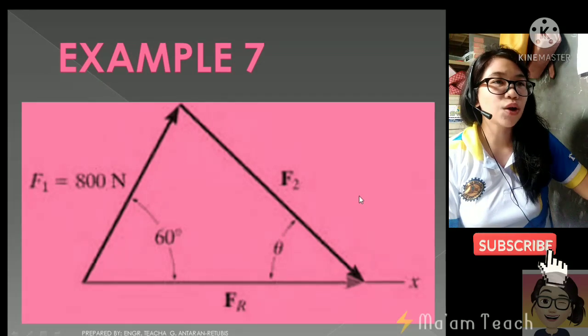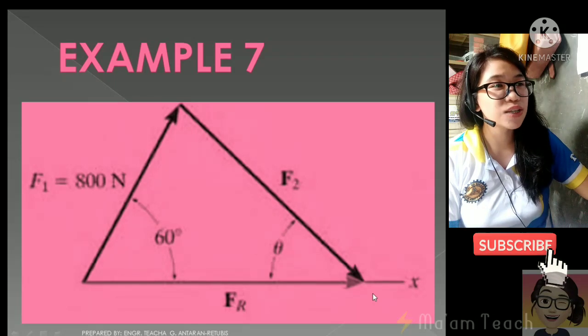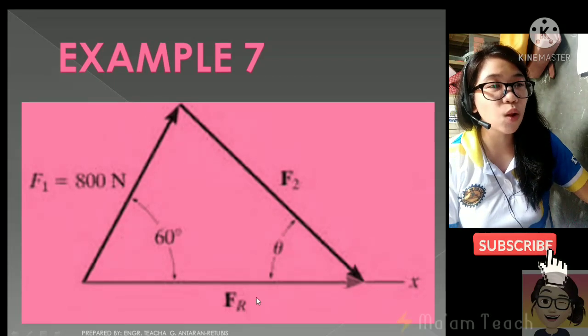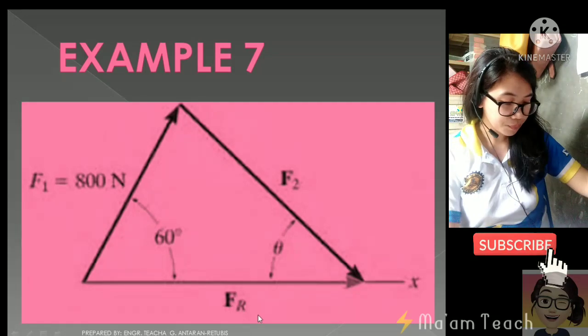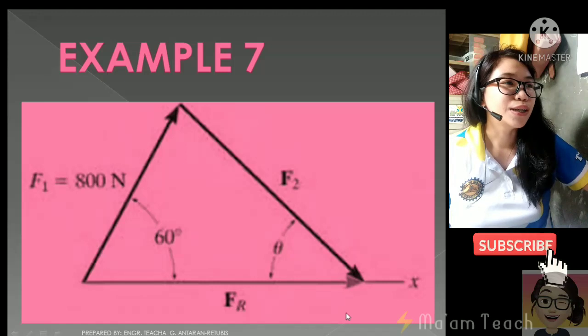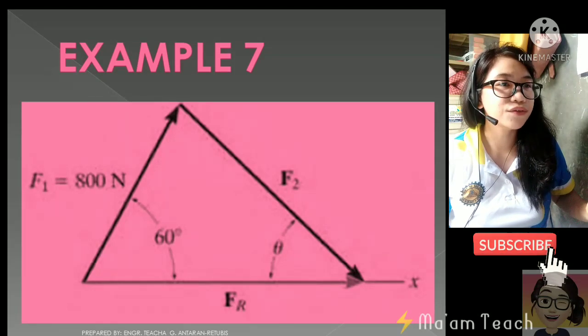Again, our target from here is to determine the magnitude of our f sub 2, as well as the direction, which is with respect to the x-axis, and also the magnitude of the f sub r.